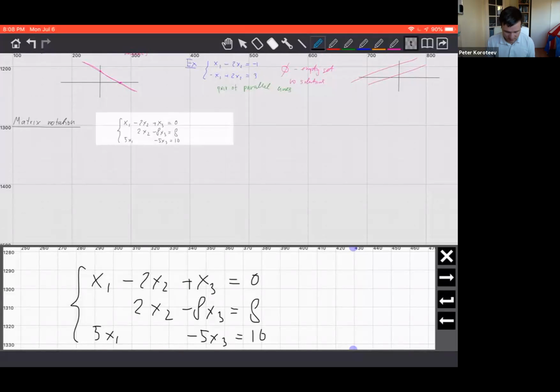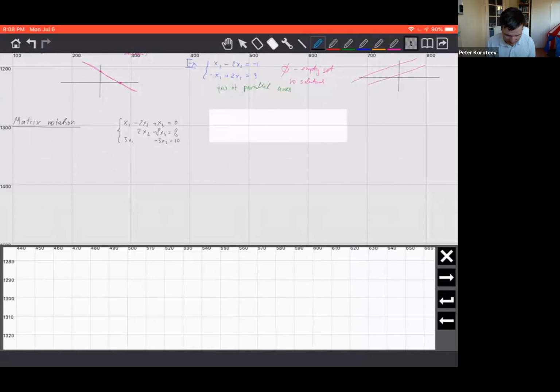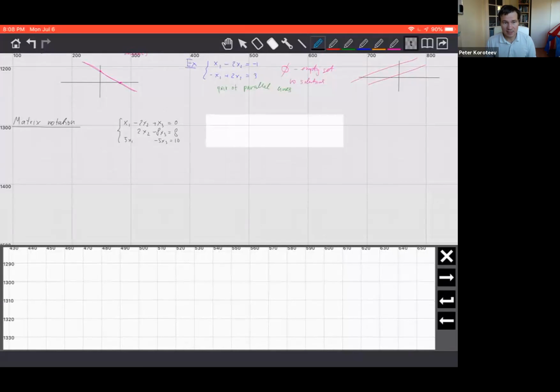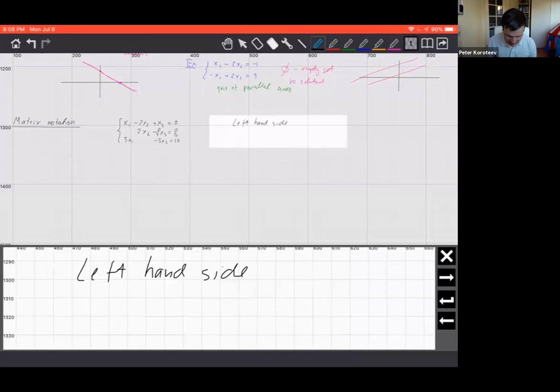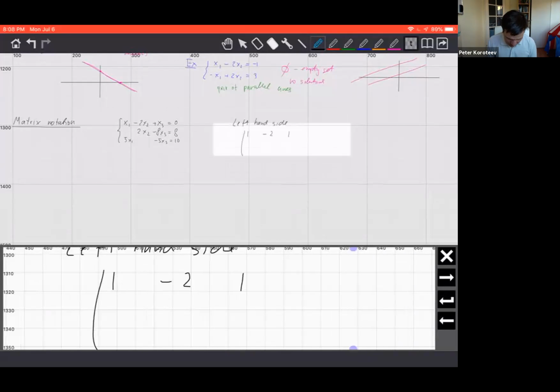So it is convenient to write all the information in the system in terms of a matrix. So a matrix is a table. Here, the left-hand side of the system of equations can be represented as the following matrix. It's 1, minus 2, 1, 0, 2, minus 8, 5, 0, minus 5.